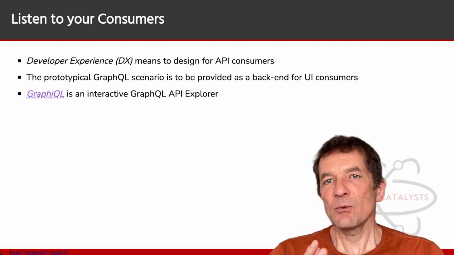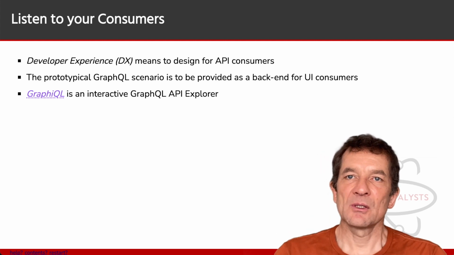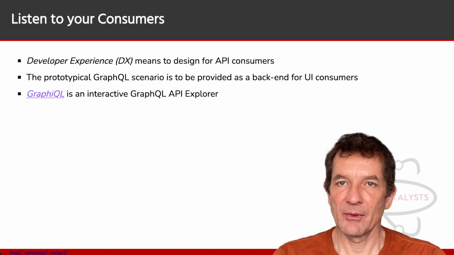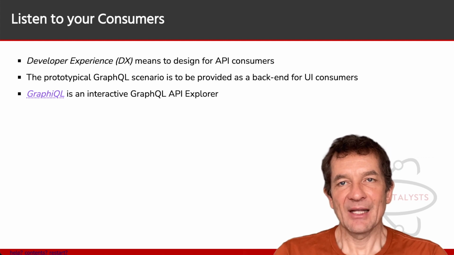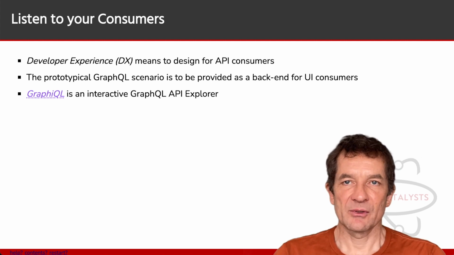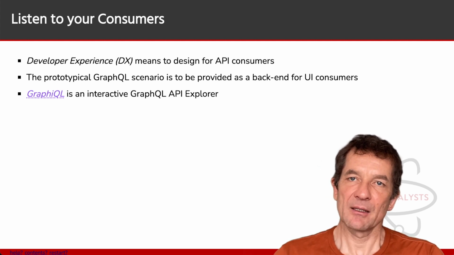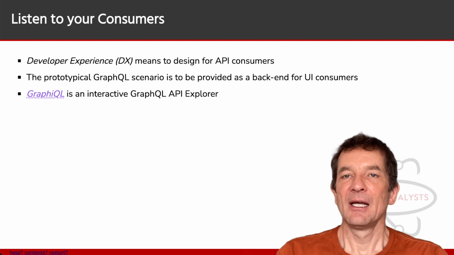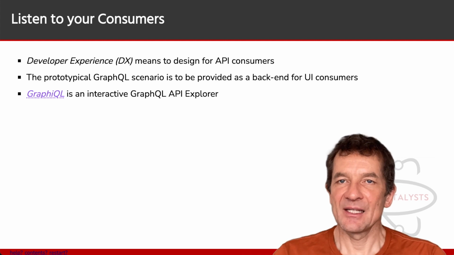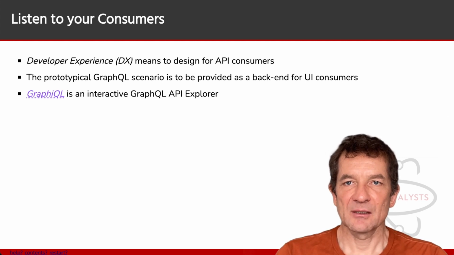So it's something where it's useful if you want others to be allowed to experiment and learn with your API. And that's something that also is good for developer experience. So depending on which one you pick, GraphQL or REST, you end up with different kinds of experiences.